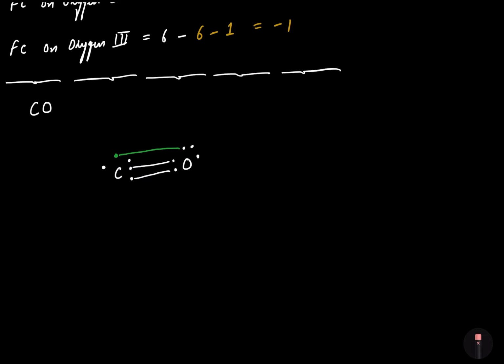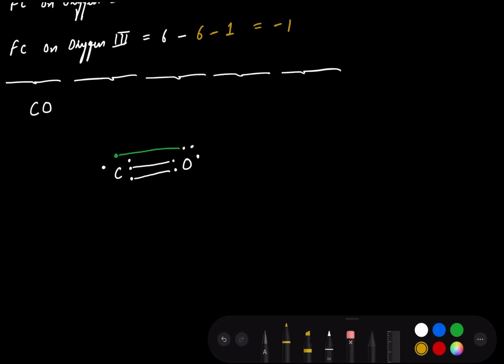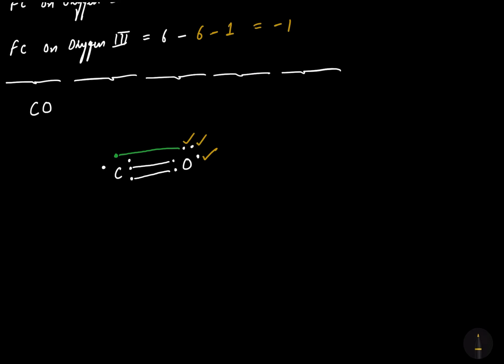Now let's count the outer electrons for oxygen. That's 1, 2, 3, 4, 5, 6, 7, and 8. So we got 8 electrons for oxygen also.